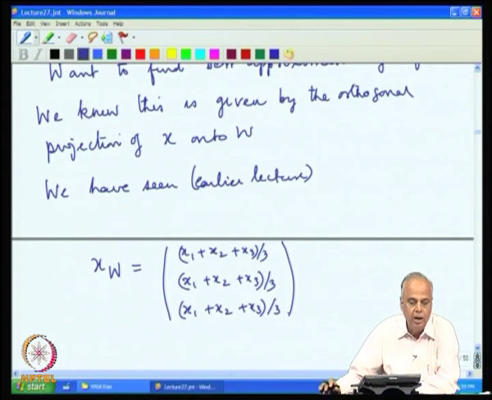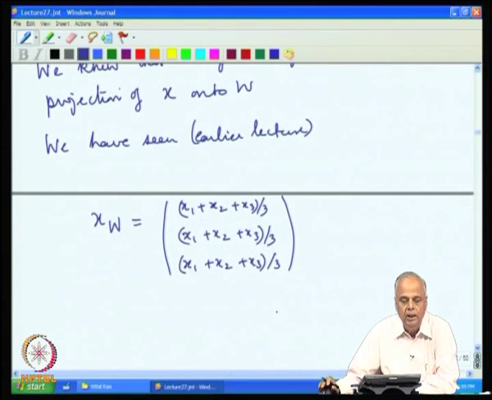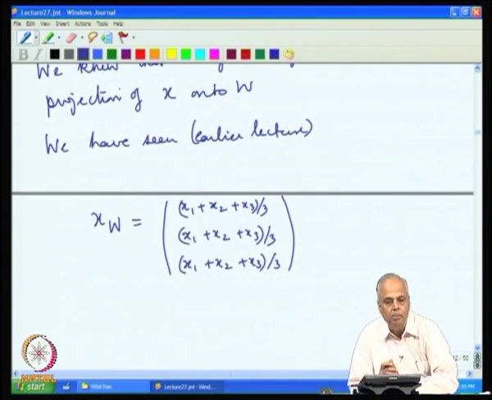So, the vector which approximates x best from W is given by taking the average of all the components.